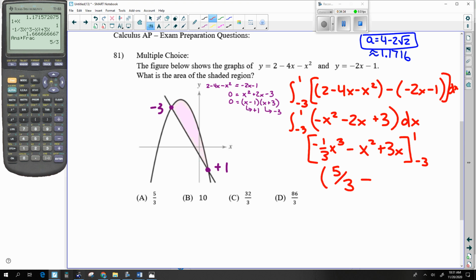Minus the same idea with negative 3, which gives negative 9. And so we have 5/3 minus that, whatever this is, 32/3.